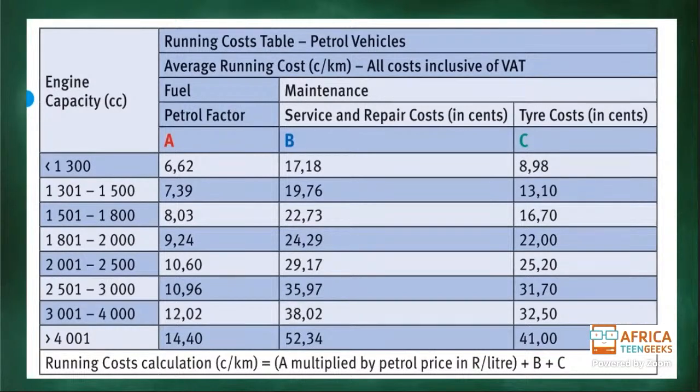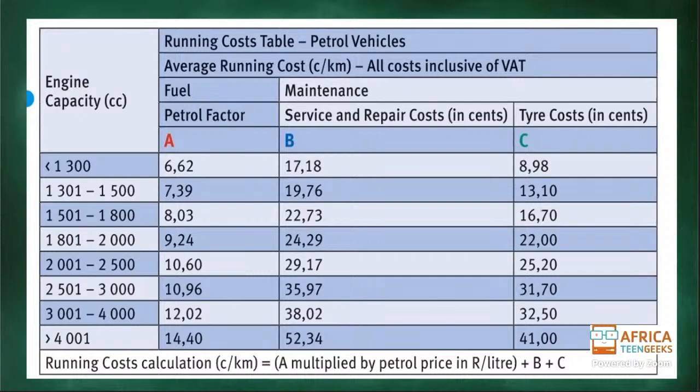So the engine capacity is there on the left. Some engines, 1,301 to 1,500. So you also have the different service and repair costs, and you also have the tire costs, which are written there on the right hand side, and the petrol factor as well.